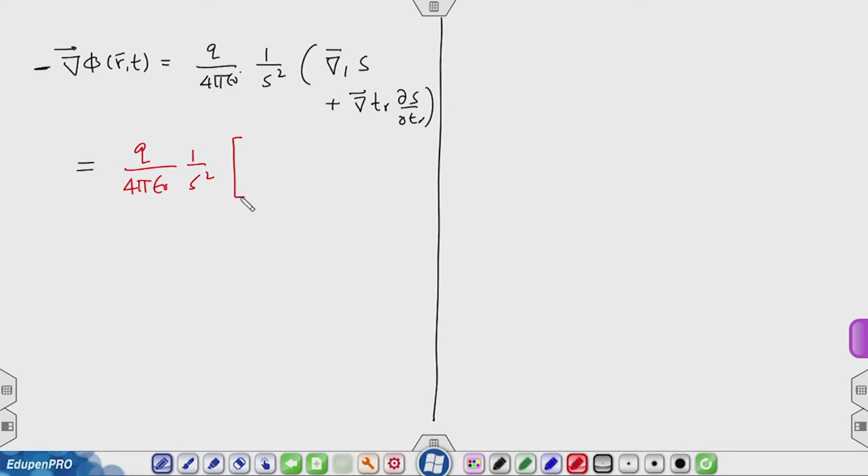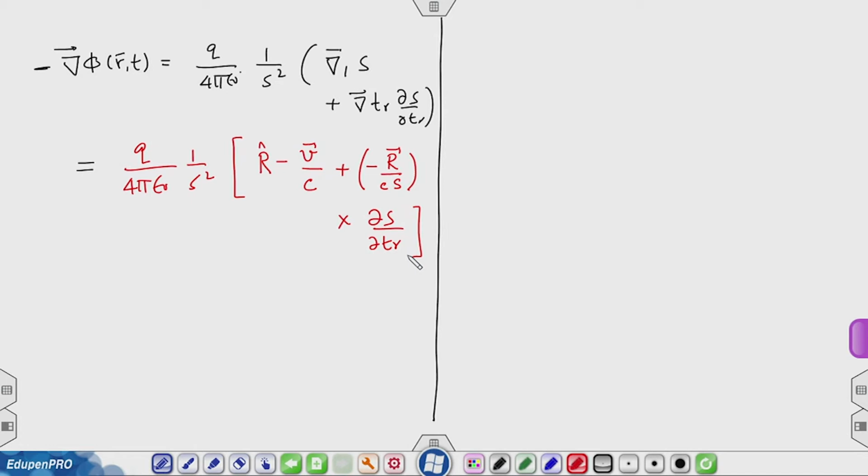Grad 1 S I have already calculated to be R unit vector minus V over C, plus grad of TR, which I have calculated to be minus R vector over C S, times del S del TR.